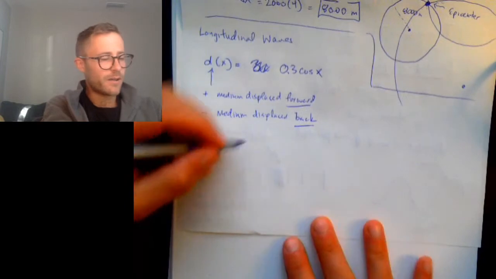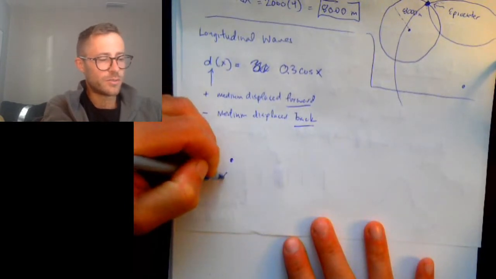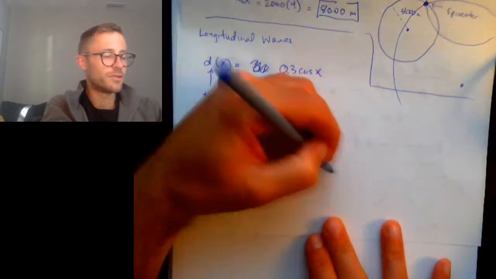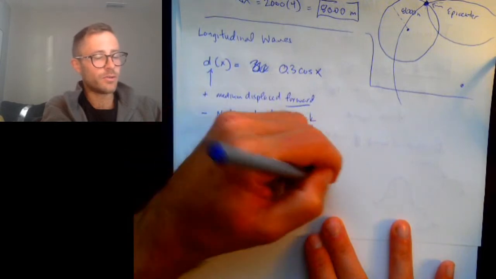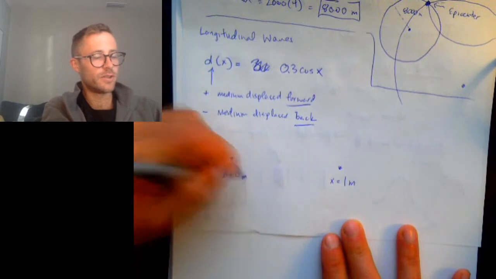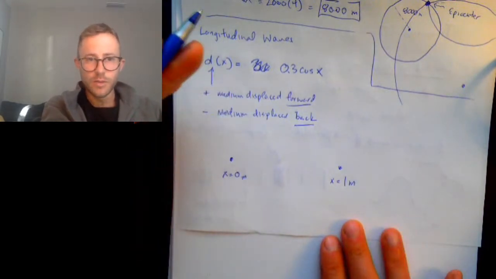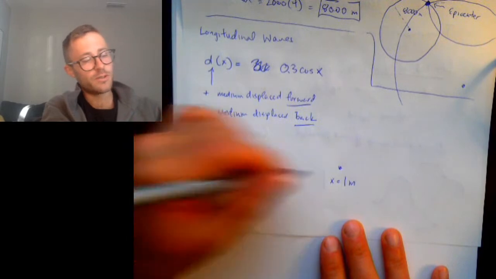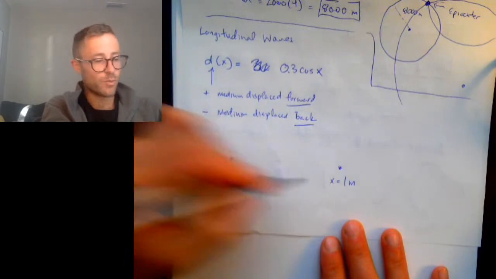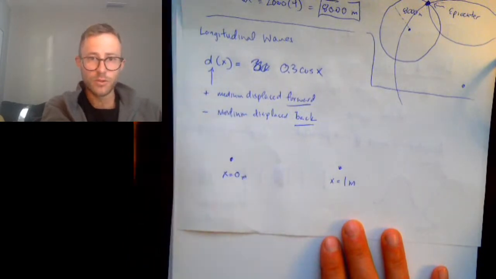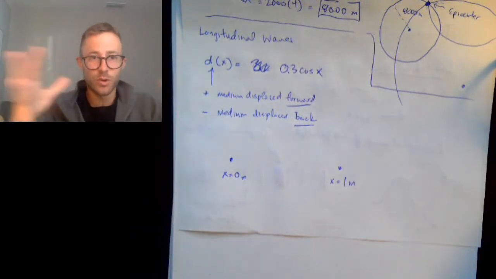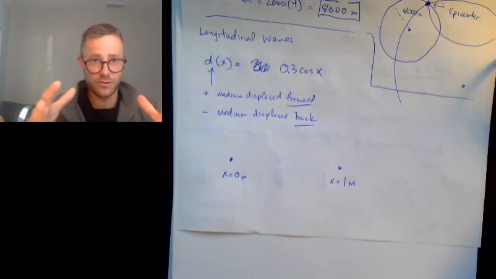Let's suppose I have 2 positions: this is the position x equals 0, and this is the position x equals, let's say, 1 meter. The distance between these 2 points before the wave would be 1 meter, because 1 minus 0 is 1. But once the wave travels through the medium, it distorts the medium, so the distances change.